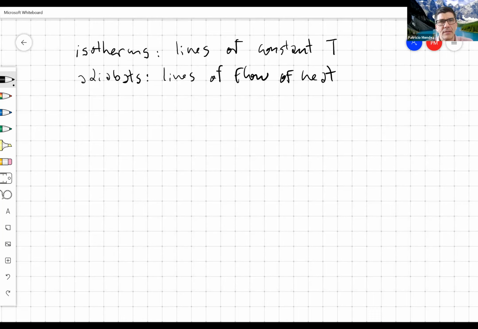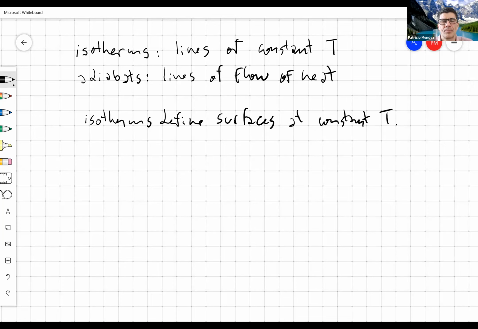What properties does each of these have? So isotherms define surfaces at constant temperature.